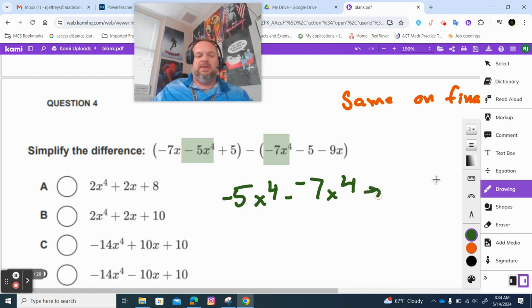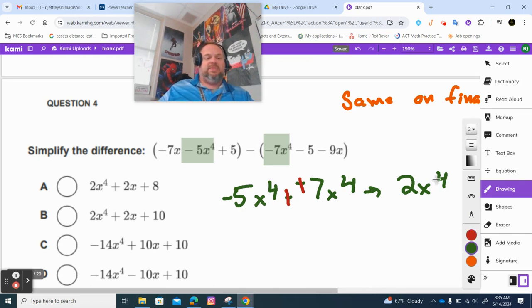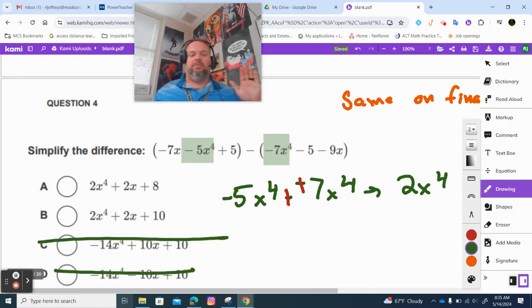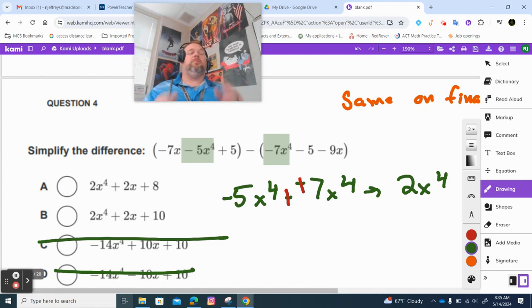This will give us +2 to the fourth because this changes to plus a positive. Now, that means these two are gone. Yeah, minus a negative makes it a positive. It's been that way for a pretty good while. Remember, we can always use calculators.